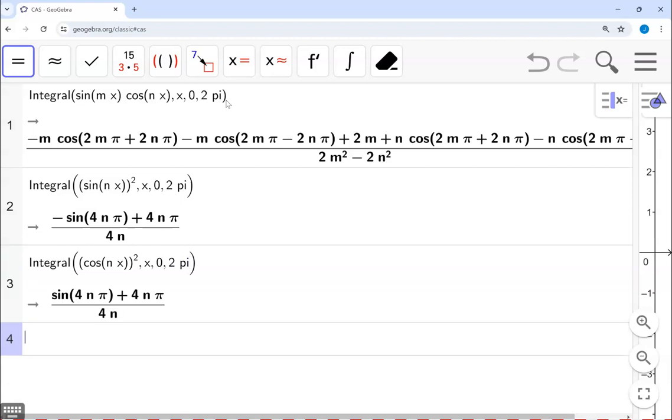That looks familiar. It's the same answer, except that there's not a negative in front of the sine anymore. But does that matter? No. So that's also pi. So this tells us that our integral from 0 to 2 pi of cosine squared of nx dx is pi.